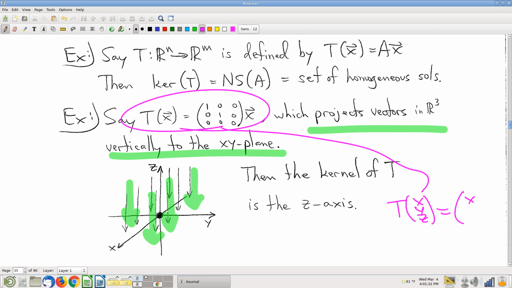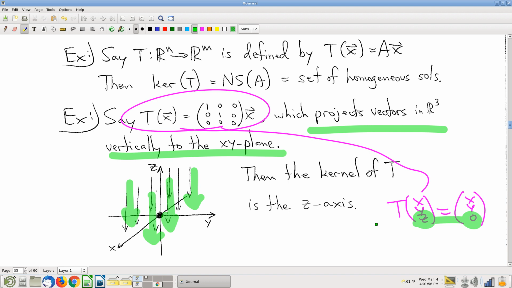And we get x, y, 0. And notice then, you can see it right here in the formula, all T does is it replaces z with 0. We just lose the z coordinate, replace it with 0. So, smush, right? Vertical smush, squish, projection, whatever you want to call it.